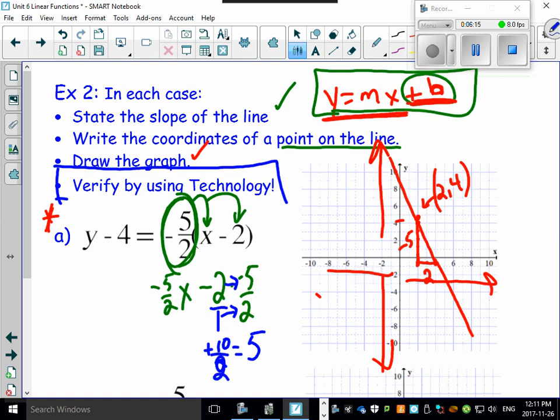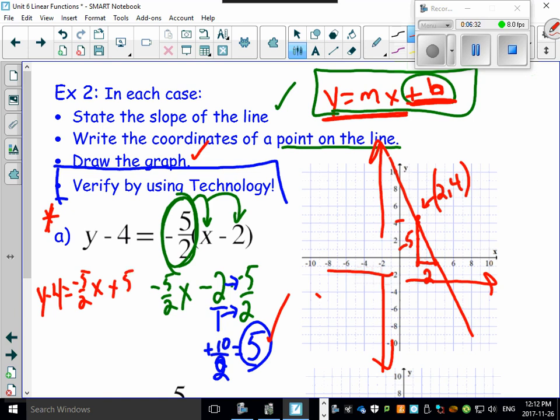So if we clean this up a little bit, we have y minus 4 equals minus 5 over 2 x plus 5.